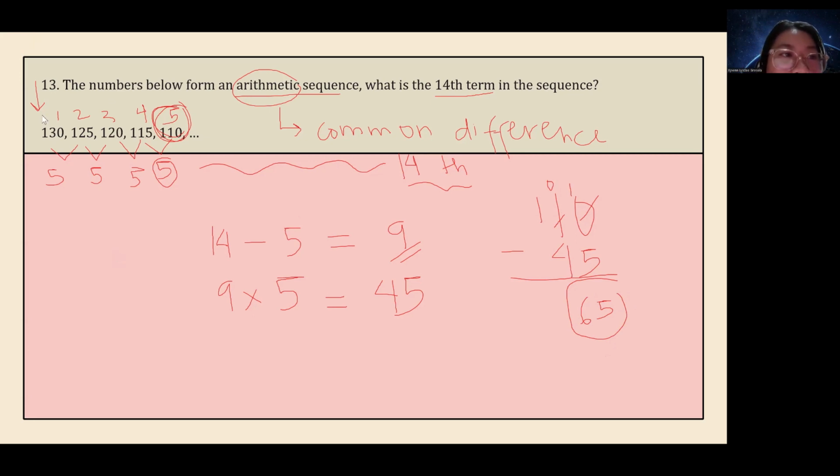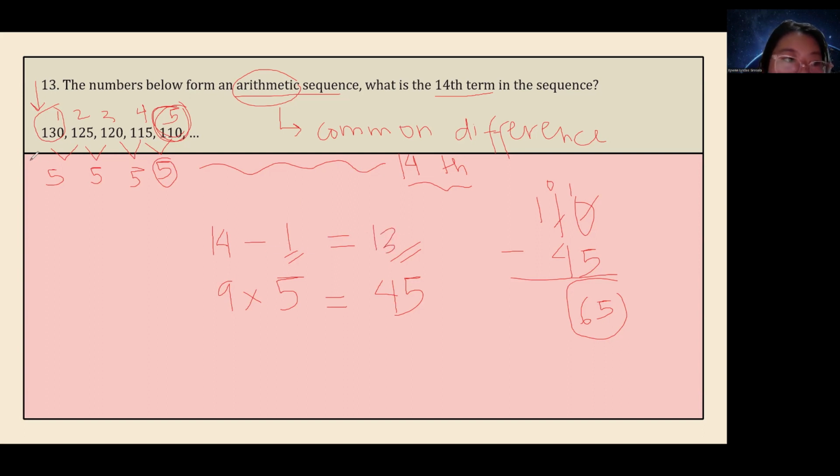So how about if we started from the first term? That means from the first term, we need to get to the 14th term. That is just easy. You replace it here with 1 since we are starting from the first term. And so the number of differences that we will have is 13.